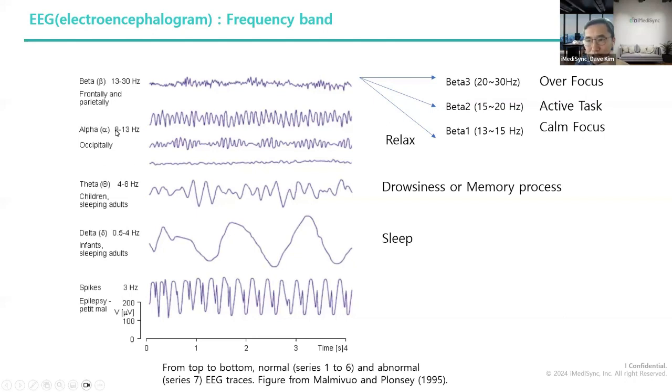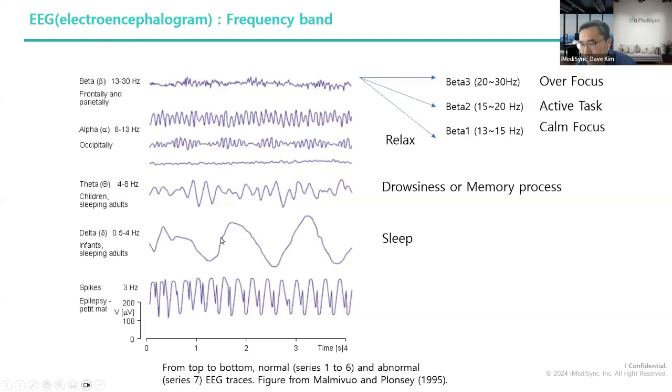After 4 years old, alpha frequency reaches 8 hertz, and usually after 14 years old, the alpha arrives at 10 hertz, the average adult level. But in very young children, theta is dominant. And you can see the delta.